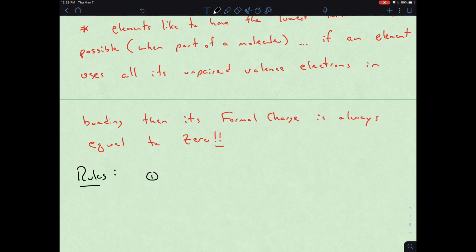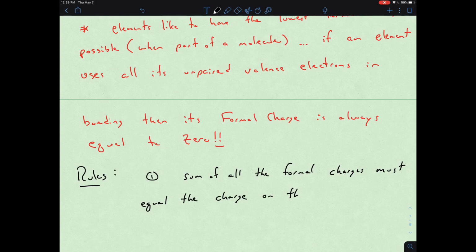The first rule is the sum of all the formal charges must equal the charge on the molecule.